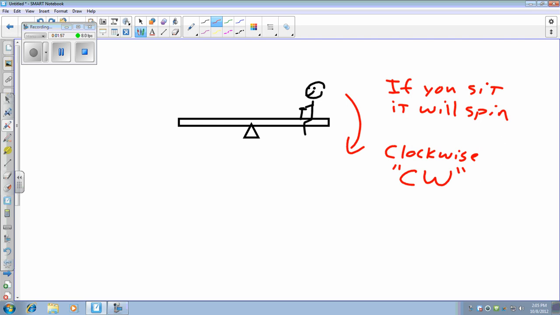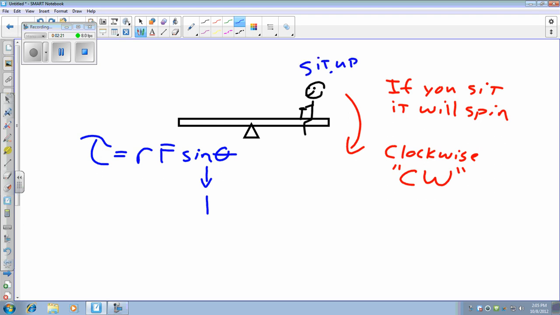Now, the force, or maybe more specifically the torque, acting on this object is equal to, as you know, RF sine theta. Now let's assume you have good posture and you're sitting at a right angle, and so sine theta becomes 1 because you're sitting up straight.